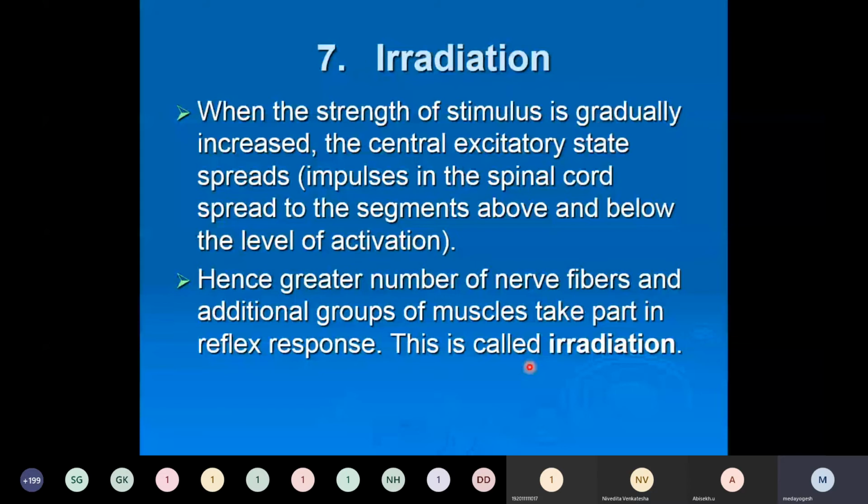But if the stimulus is very strong, the person will not only have this reflex at the foot, you will see that the person will flex his leg at the knee also, trying to take away his leg from the stimulus. This is called irradiation, meaning when you increase the strength of the stimulus, it can spread to the segments above and below the level of activation.